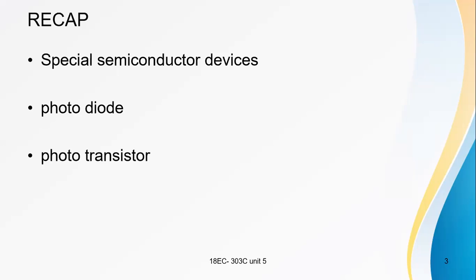The light falls on the collector-base junction. Based on this light intensity, the base current will be varied, that will be amplified, and it will be produced at the collector. That means this phototransistor also converts the light energy into the electrical energy. This is about the phototransistor.